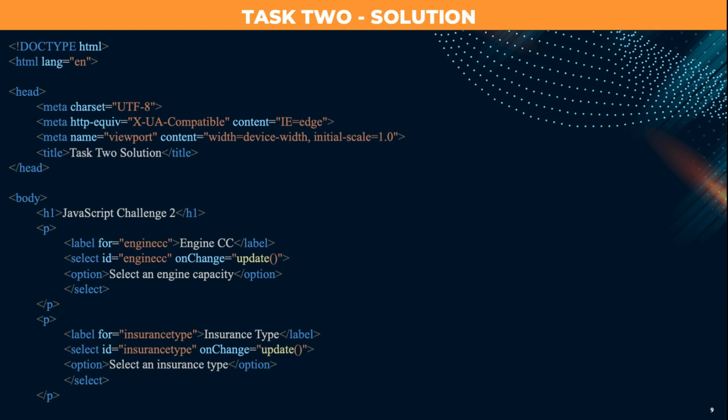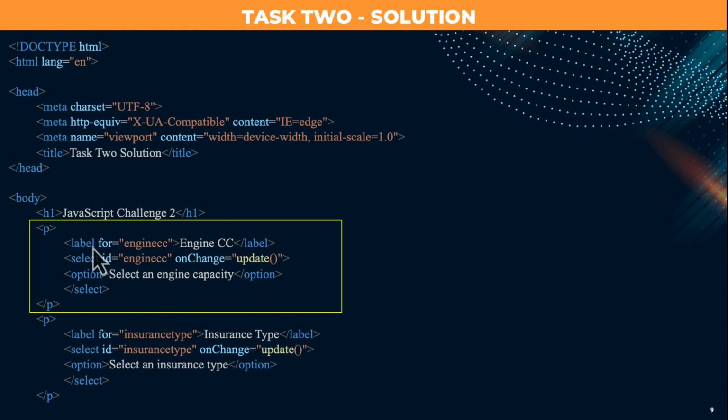So if we look at our HTML very quickly, we can see that we have a label for the engine CC, and we have an ID, and we're saying that we can use the update function when this changes. And then we have a select engine capacity.